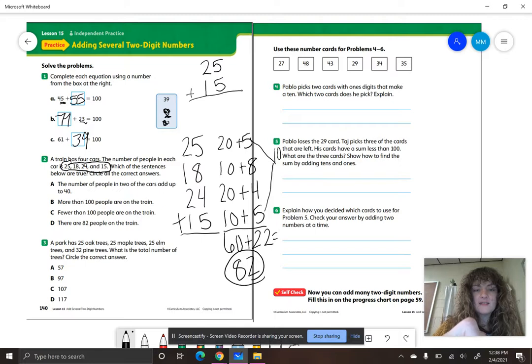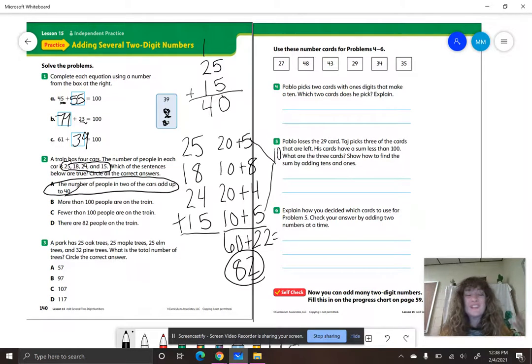Let's see. 5 plus 5 is 10. 1 plus 2 is 3. 3 plus 1 is 4. So the number of people in 2 cars can add up to 40. Is that true? Yes. So I had to try all different combinations to find the right answer. So I needed to find 2 parts that would make a group of 10.